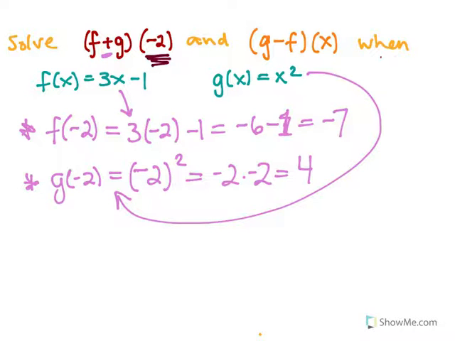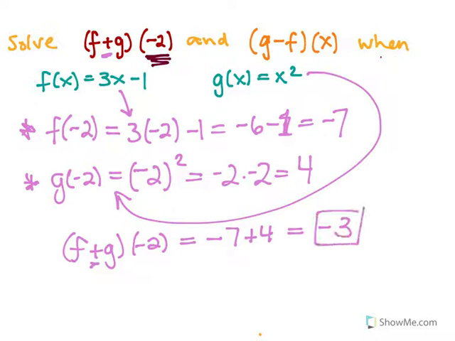We're going to do (f plus g)(negative 2) equals, and we're going to add them together. So negative 7 plus 4 equals negative 3.